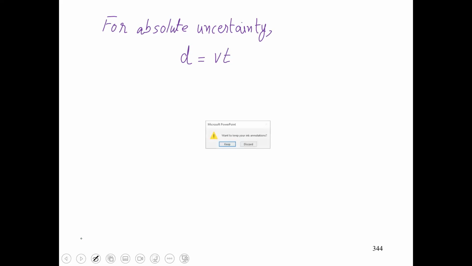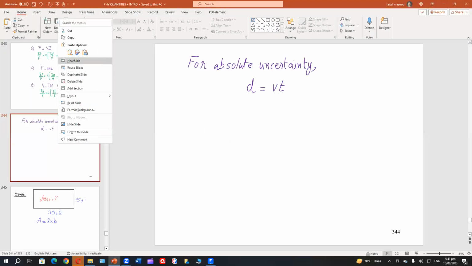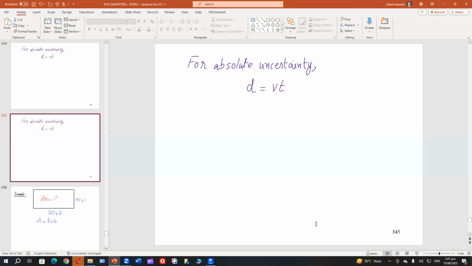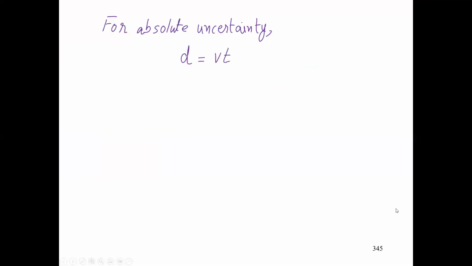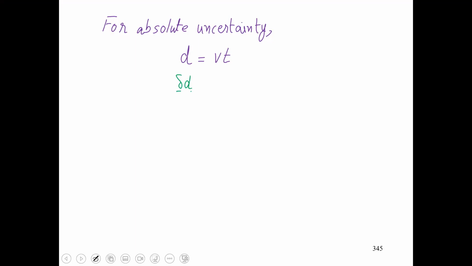Now look carefully: delta d upon d is equal to plus minus delta v upon v plus delta t upon t. Now I want to find delta d.